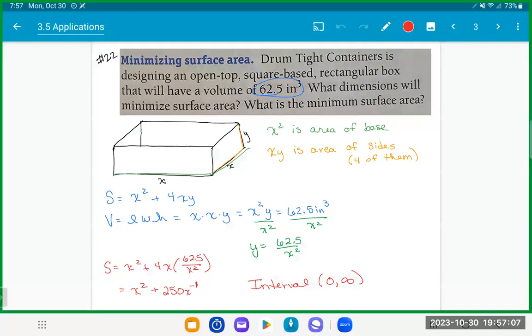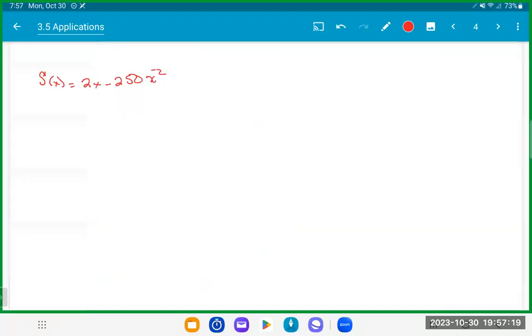Yes, so our S prime is 2X minus 250 X to the negative 2. That's our derivative. Now let's write that with positive exponents: 2X minus 250 over X squared.